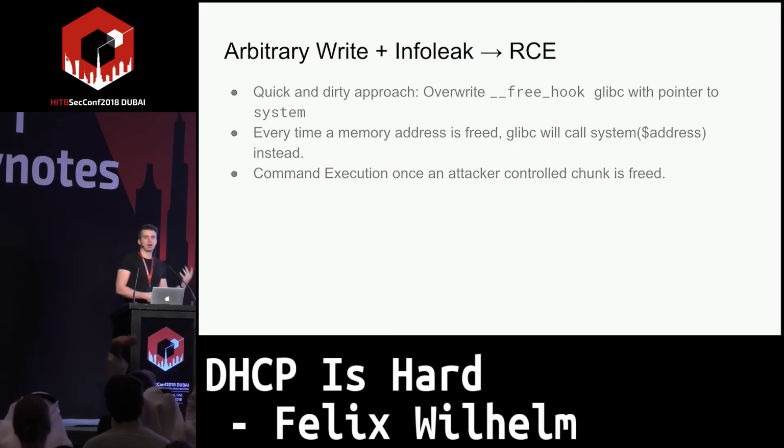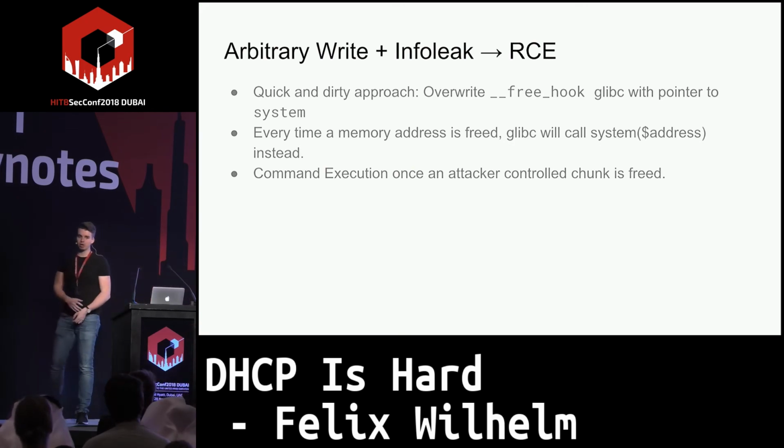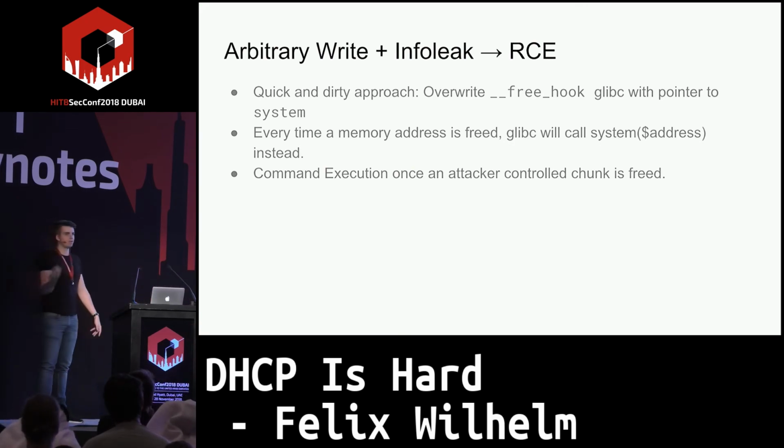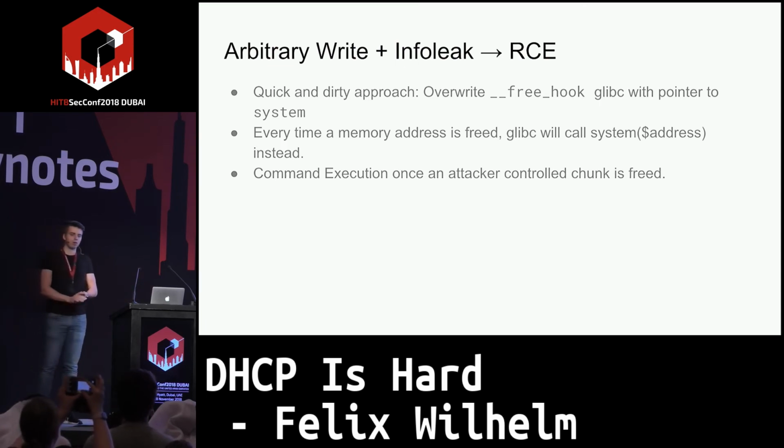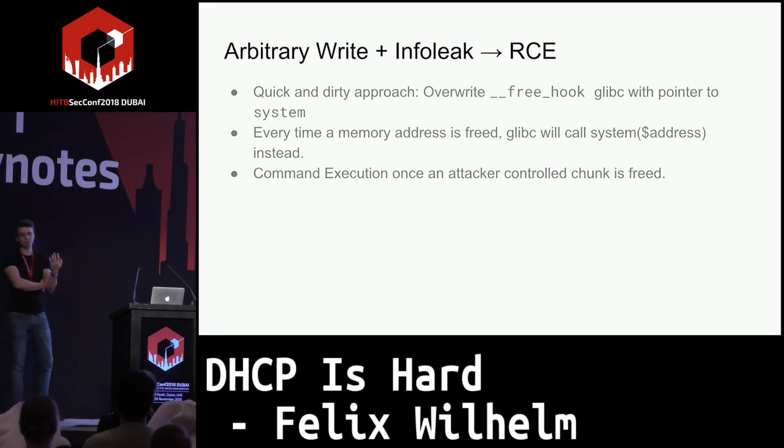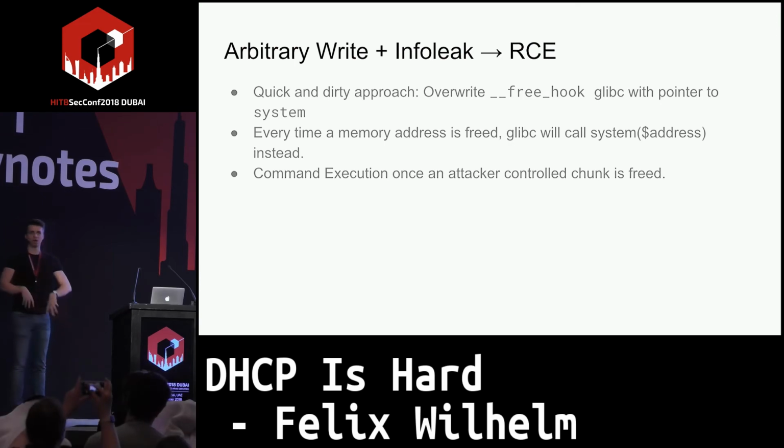We have an arbitrary write and we have an infoleak, so how do we get remote code execution out of this? If you ever played a CTF, this is pretty much the way most people do it. It's quick and dirty, but it works for us. There's a function pointer inside glibc called __free_hook. This hook pointer is called every time the glibc free function is called.